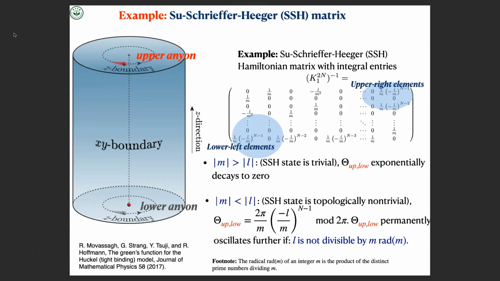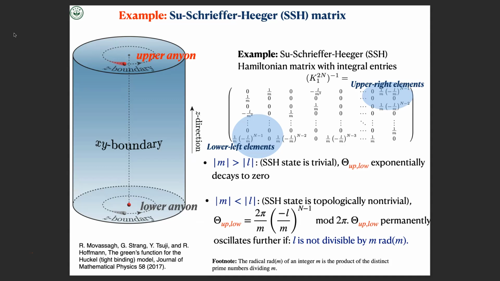So here we find that this example is very simple, and we can analytically compute K inverse, based on this paper. Very important result. And we found that if you want to have non-trivial braiding between the upper area and lower area, at least we need non-zero lower left and upper right elements of this K inverse, right?